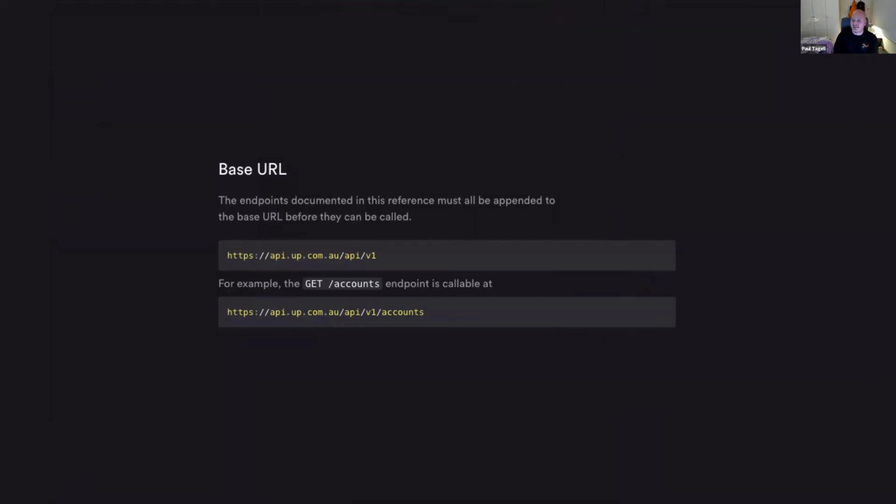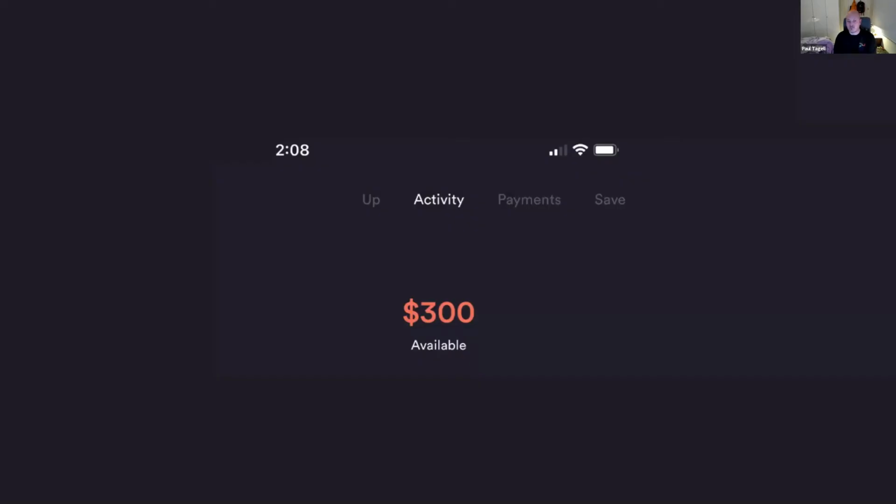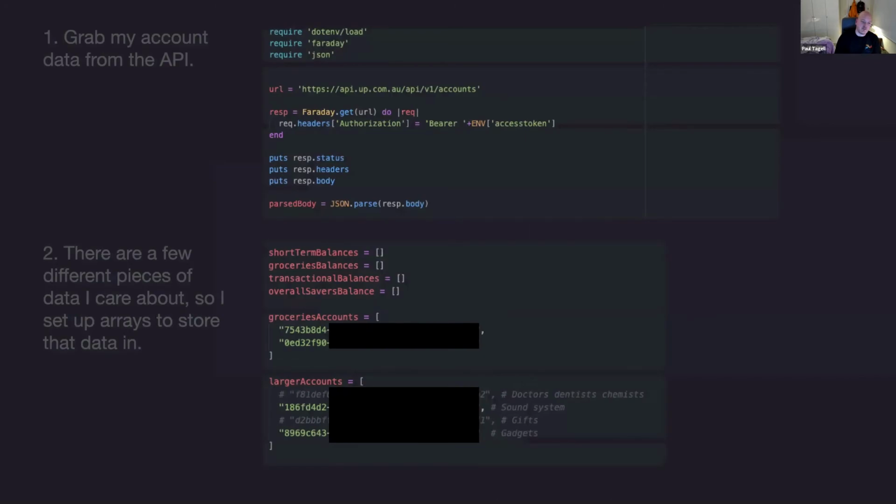And for me, that really meant figuring out what I could do with my accounts. And as I mentioned before, my Up balance is actually pretty useless to understand how much I've got left for that period of time, because it's just my float, most of the time it's $300. And that's what it always is. So what I've done with the API is really simple.